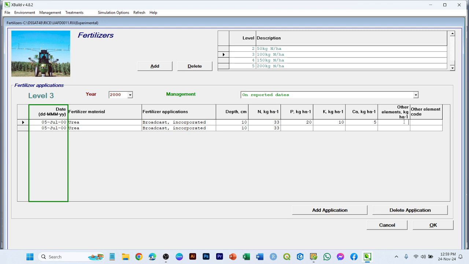So in the first level material, there are options like urea plus phosphorus. Yes, it will be there. But we can simply use this without doing that. Actually, some fertilizer, for example DAP, consists of nitrogen and phosphorus as well.